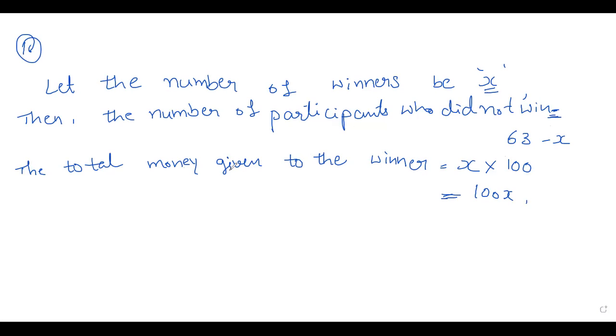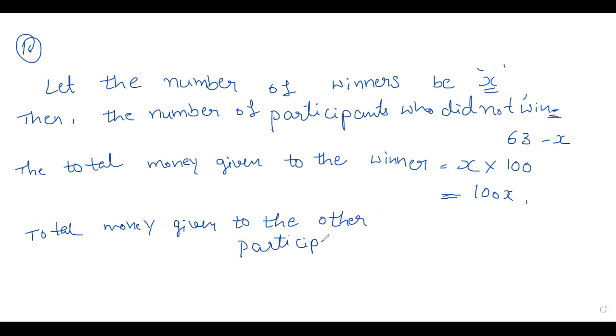You have to find the total money given to the other participants, those who did not win the game. That is 25 rupees into 63 minus x.